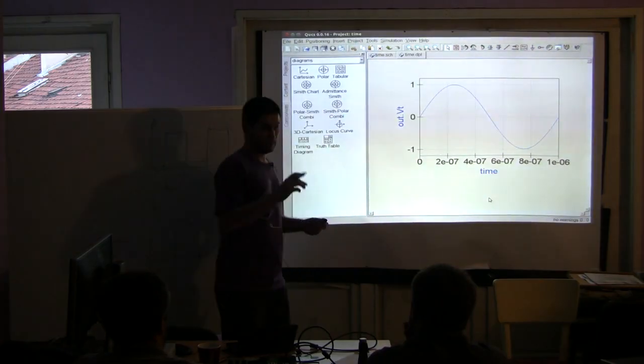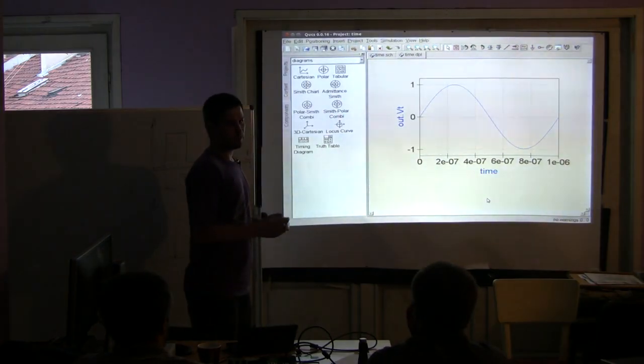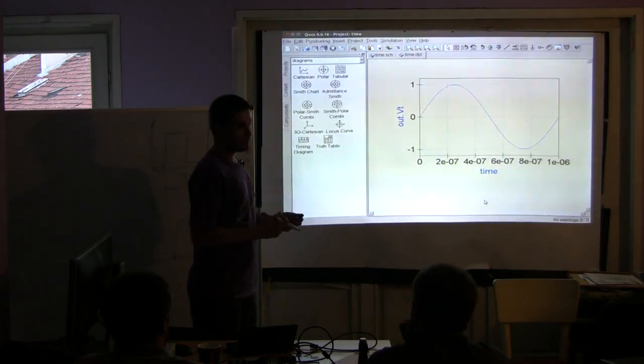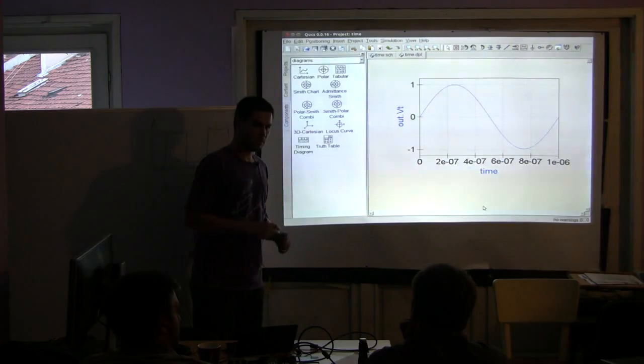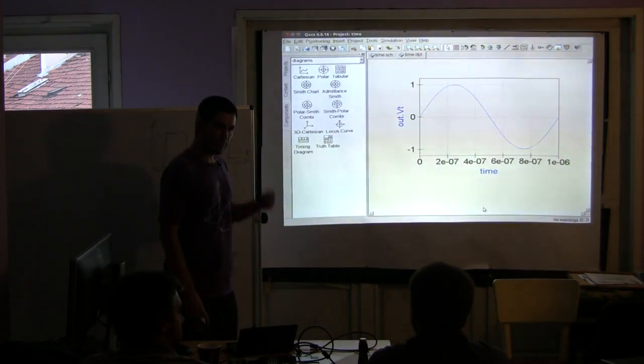Sometimes the frequency is much more relevant for our analysis, and sometimes the time domain is much better to analyze some circuits. We will look. Does time domain always mean according to voltage, or is this?